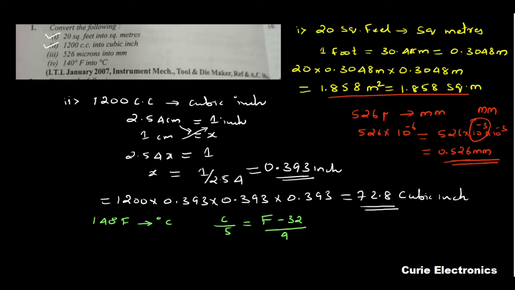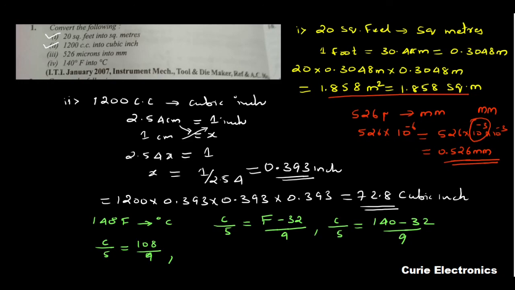Okay, to learn. Now, C we have to find. C upon 5, F we know he has given 140, minus 32 upon 9. So C upon 5 equals 108 upon 9.